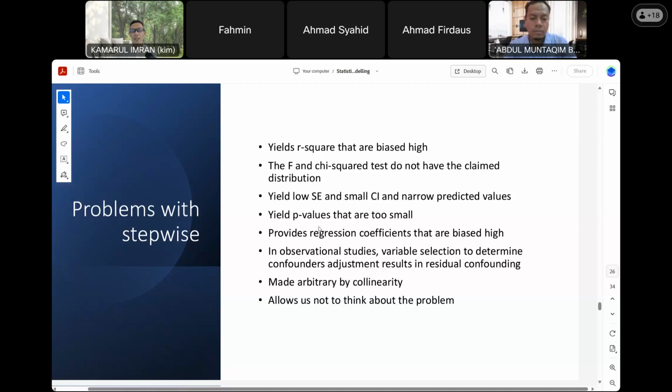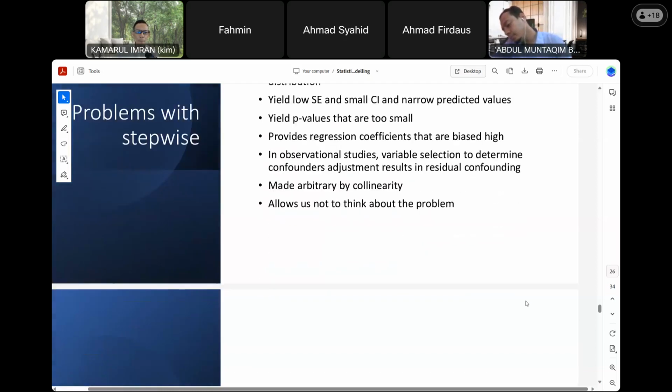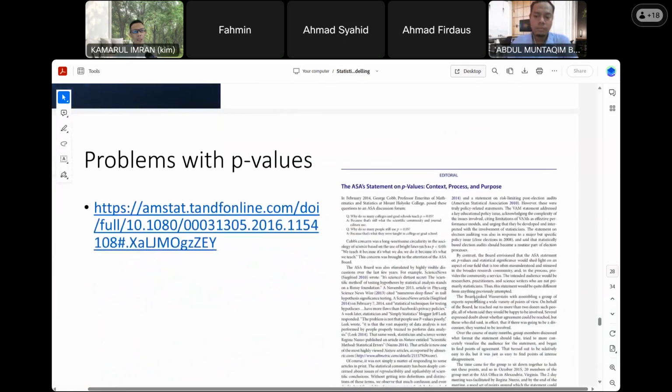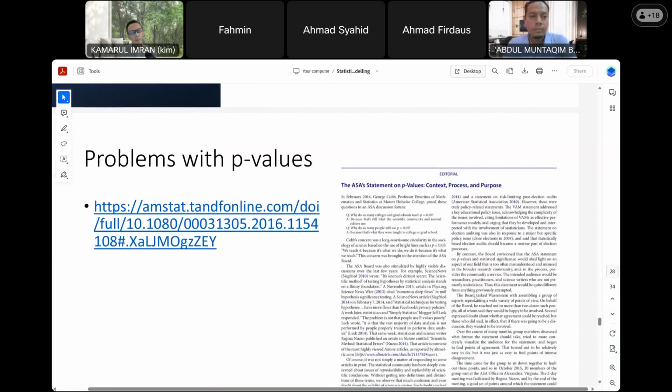Selepas ni jangan guna lagi lah stepwise kan. P-value 0.25. Lepas tu saya akan pakai forward stepwise, backward stepwise. Okay. Right. Data reduction, tak apalah. Ini boleh forget. And then this problems with p-value.